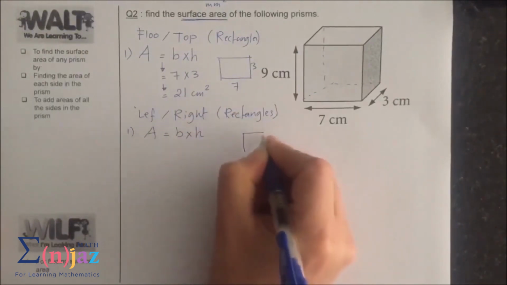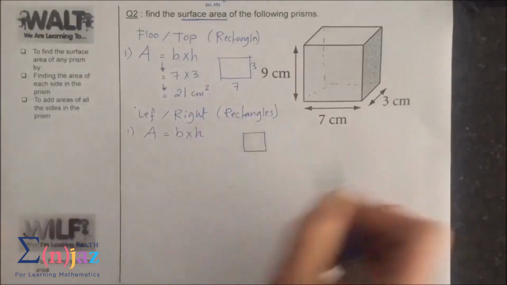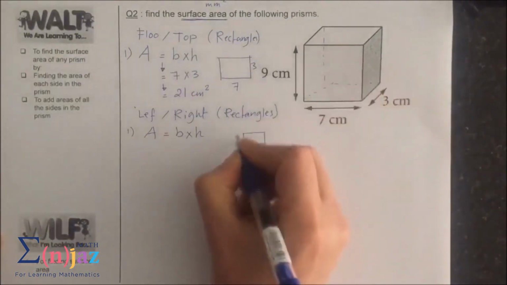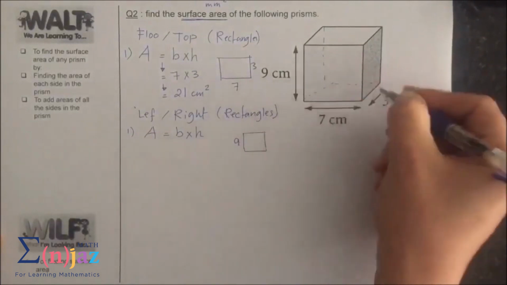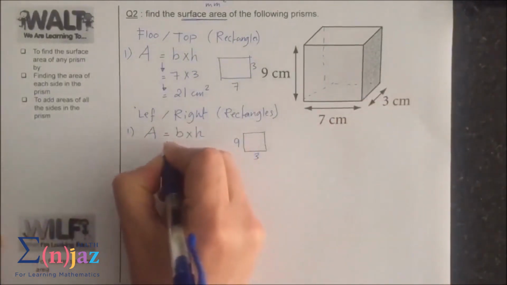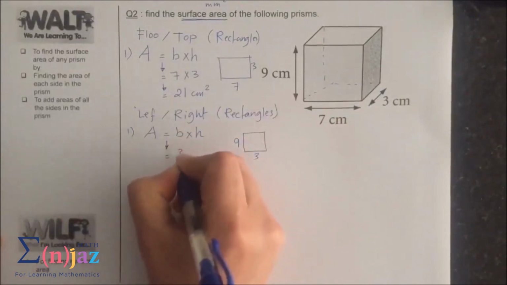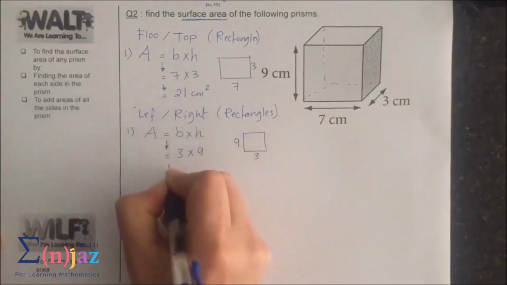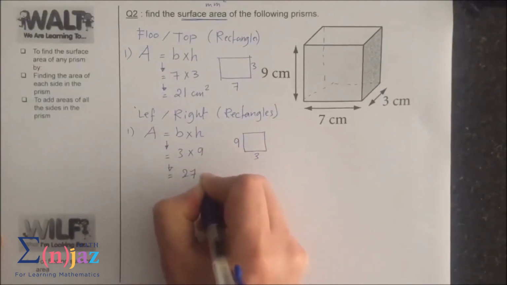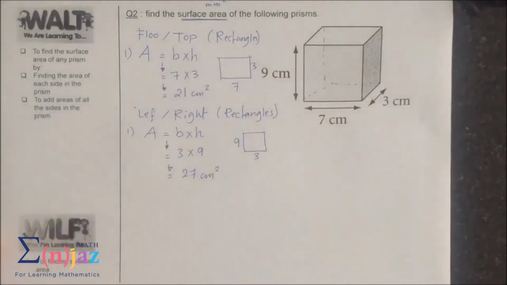Draw a little sketch here just to know what dimensions you're dealing with. So it's 9, and this side here is 3. So substitute 3 times 9, calculate, and it's going to be 27 centimeter squared.